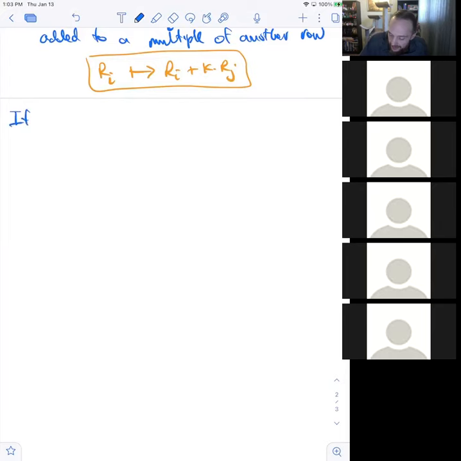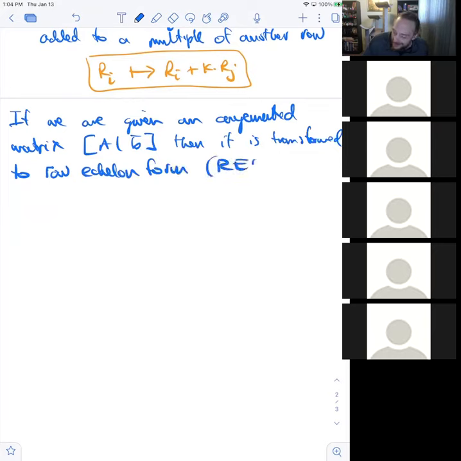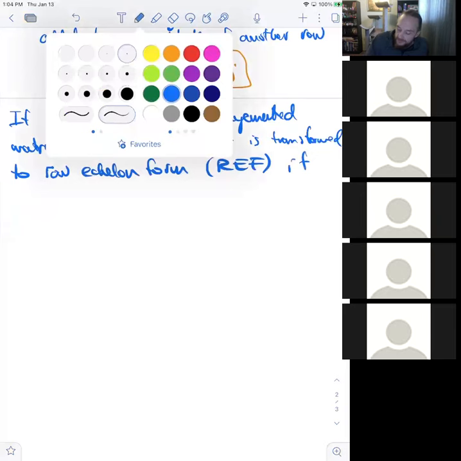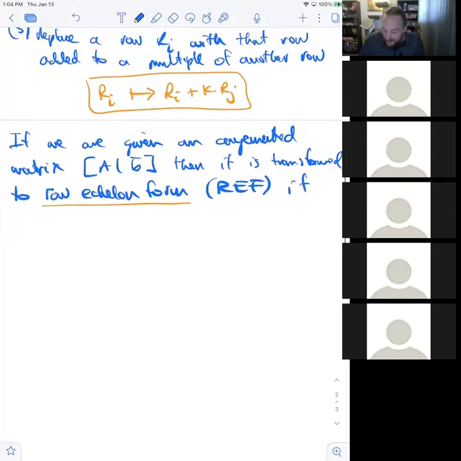So if we are given an augmented matrix A, B, then it is transformed to row echelon form, or REF, if, what are the conditions we have to have?